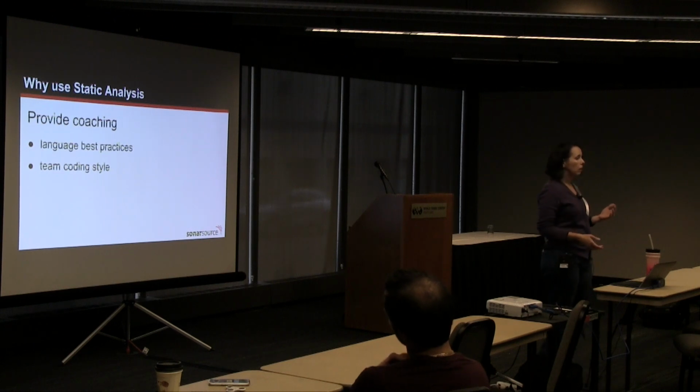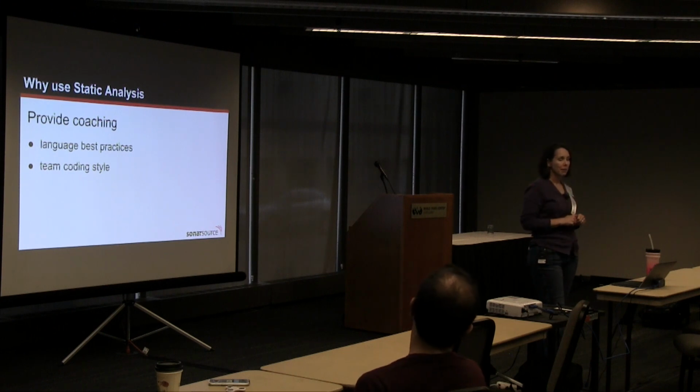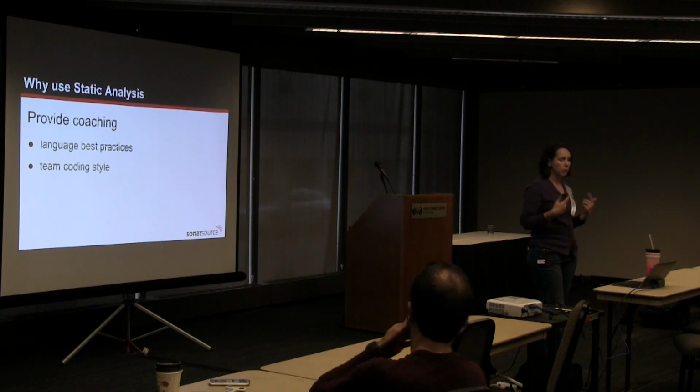And finally, static analysis can provide a little coaching. So during peer review, if I look you in the eye and say, this is bad code for this reason, depending on how I say that, egos could get involved, right? But if you're using static analysis to catch some of the simple stuff, then it's really hard for egos to get ramped up when you've basically got a robot telling you there is a problem here.